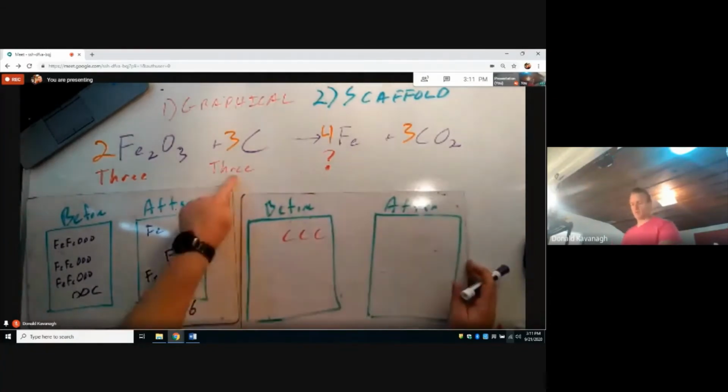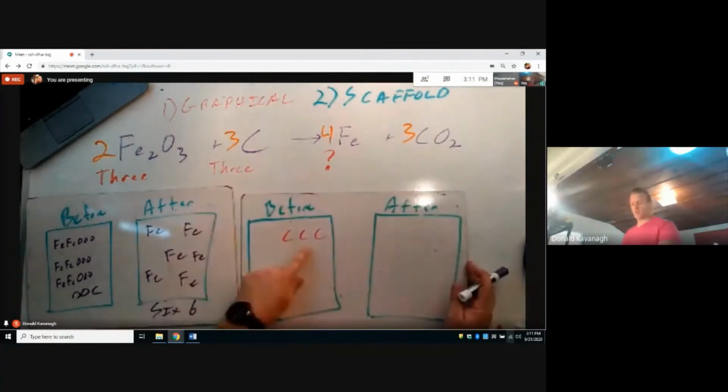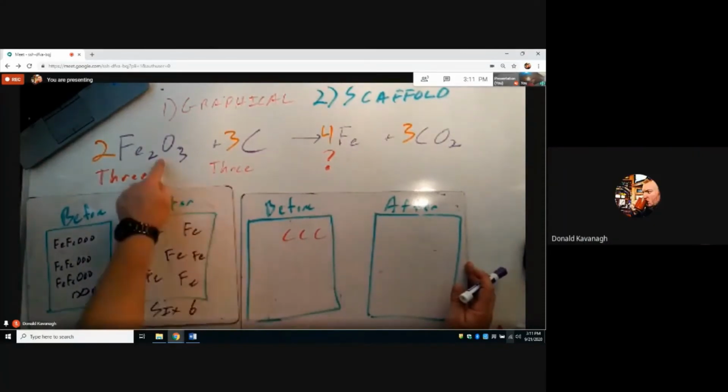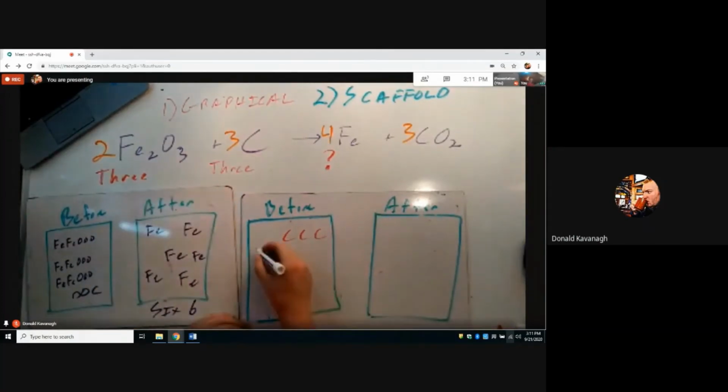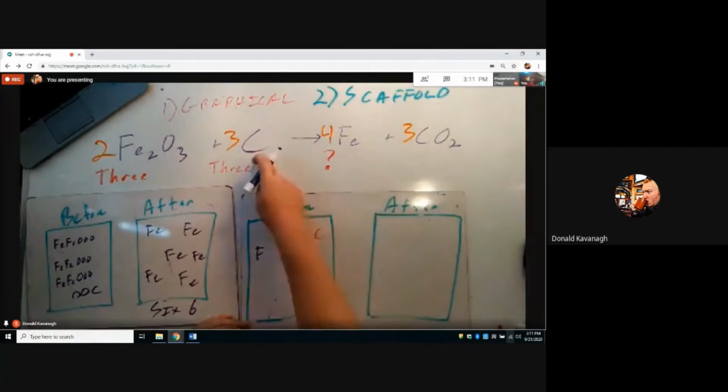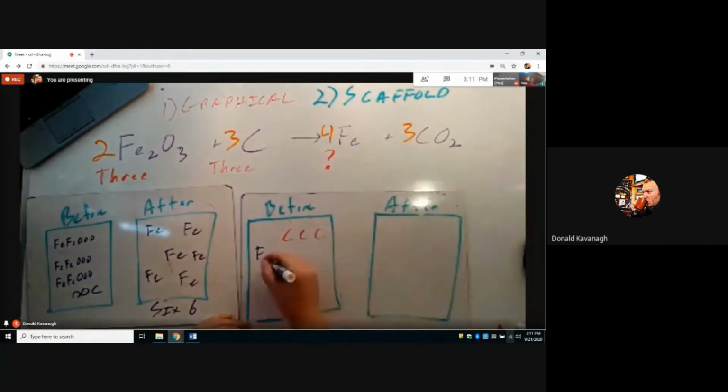With 3 equivalents of carbon, let's assume we have an infinite amount of Fe2O3. Each carbon atom is going to produce a CO2.